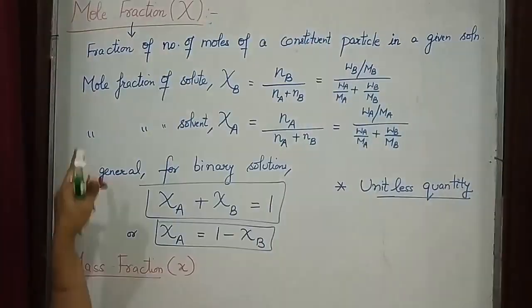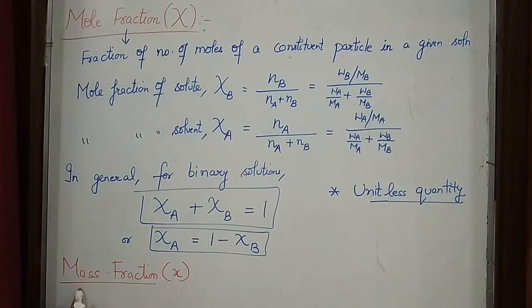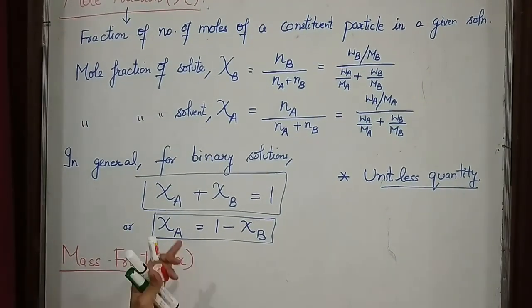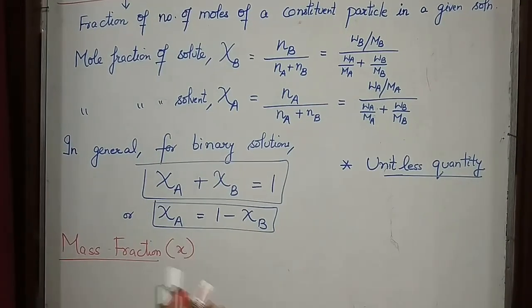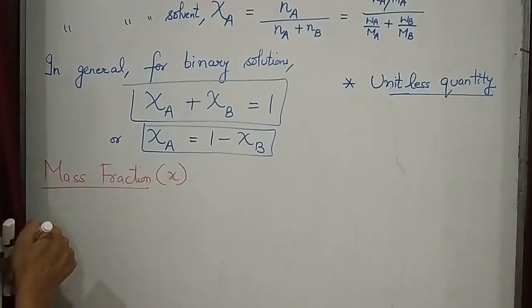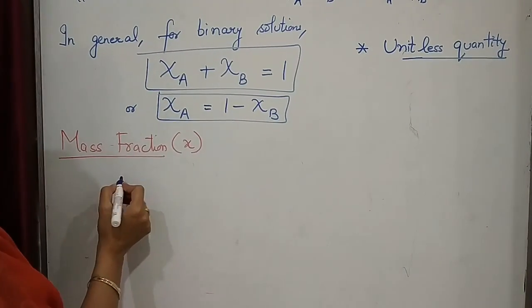And as mole fraction is a fraction of the number of moles, here we have the term mass fraction, so it is the fraction of the mass of a component in a given solution. So I write directly the mathematical form of this mass fraction.